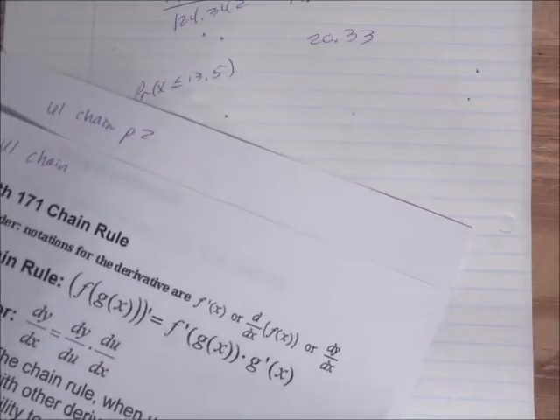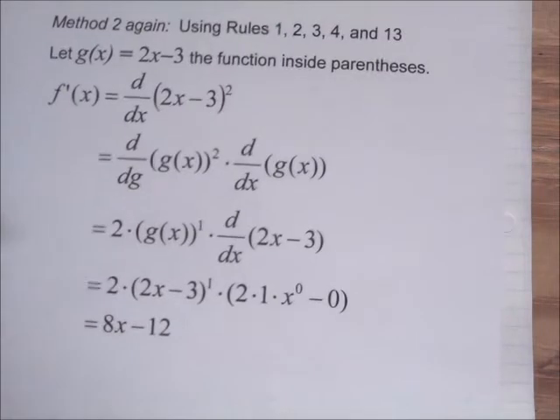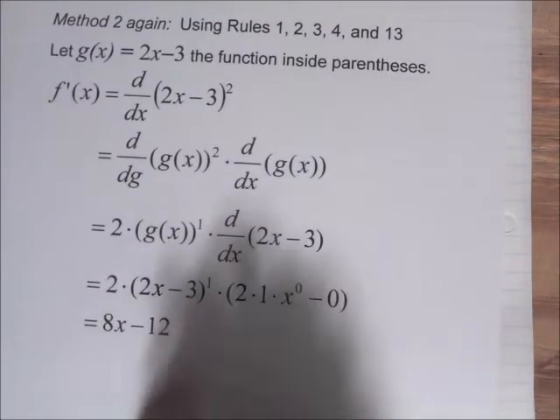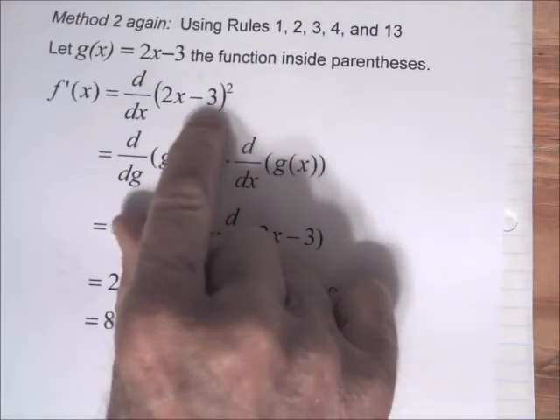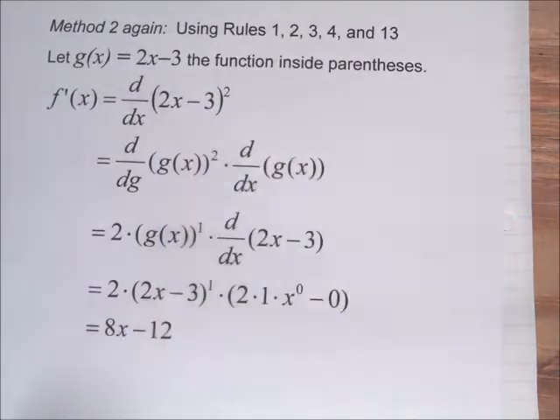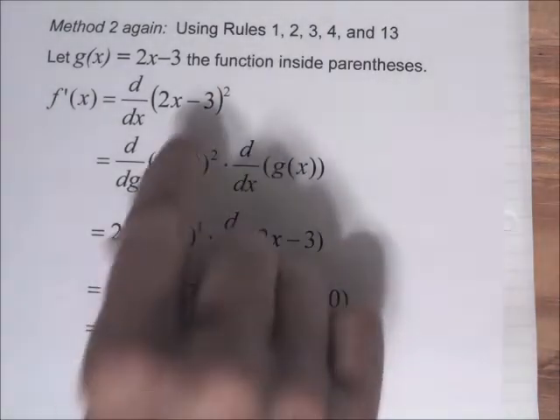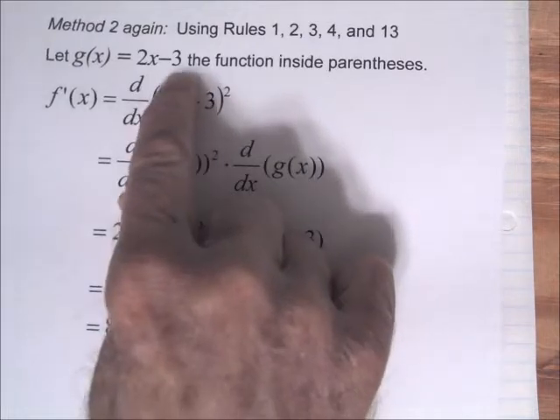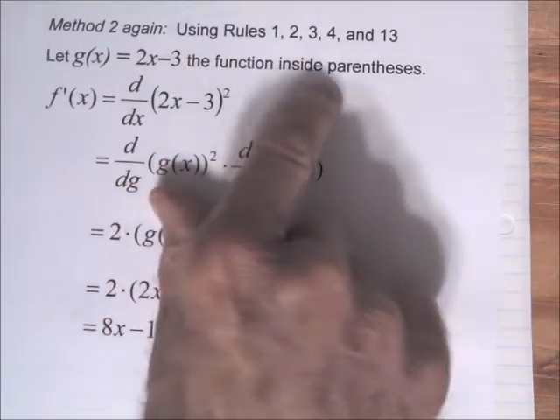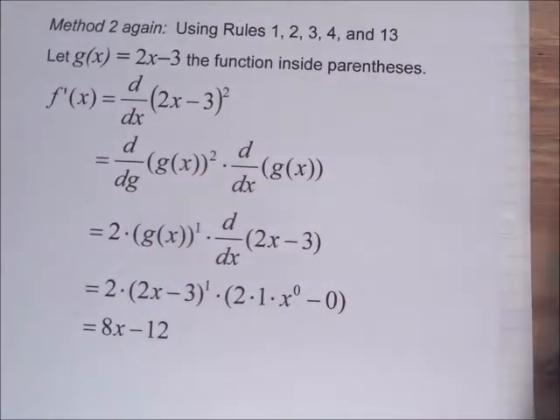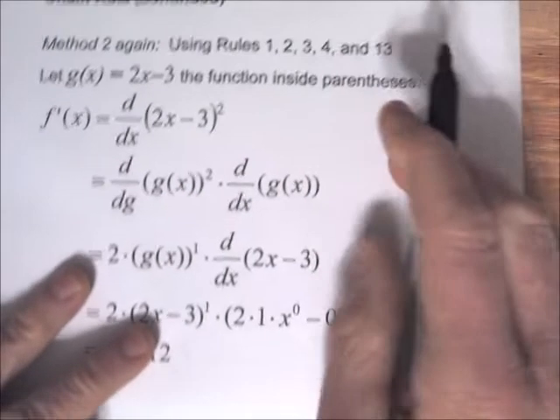Let's do it using the function notation here. Again, we have an outside function and an inside function, so this is a composite function. We can make g of x be the inside function. g of x is 2x minus 3. That's the function inside parentheses. So f of x is equal to g of x to the second power.